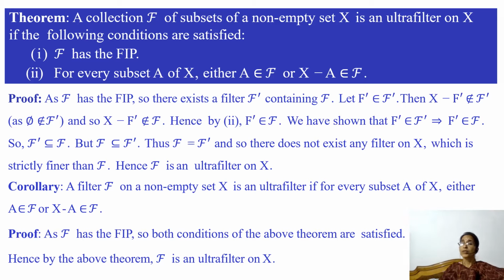Let A belong to filter F'. Then complement of A doesn't belong to filter F'. Why? Because we know that phi doesn't belong to F', and so if A belongs to filter F', then complement of A can't belong to F'. And since F is contained in F', complement of A doesn't belong to F also.